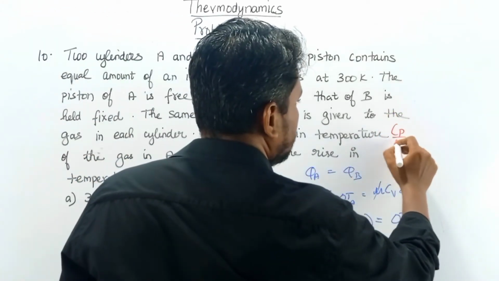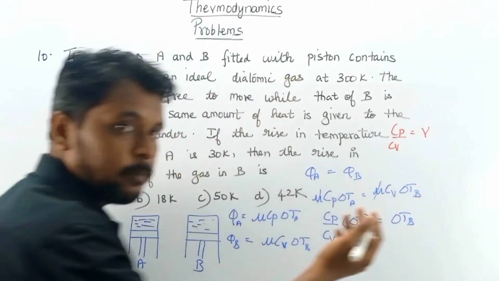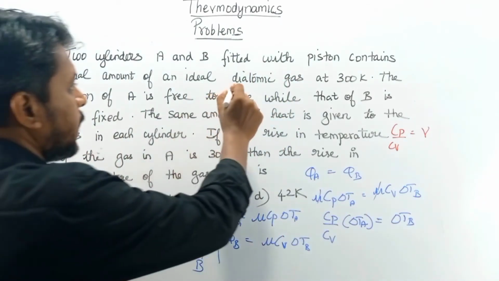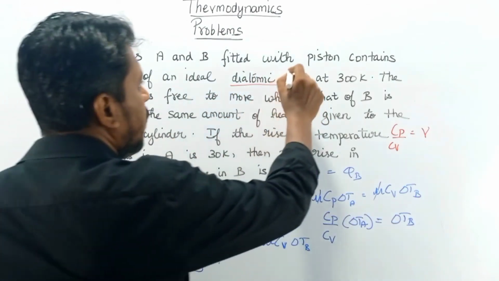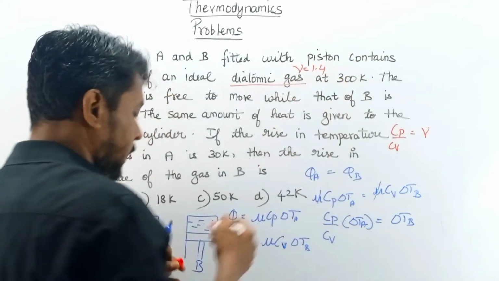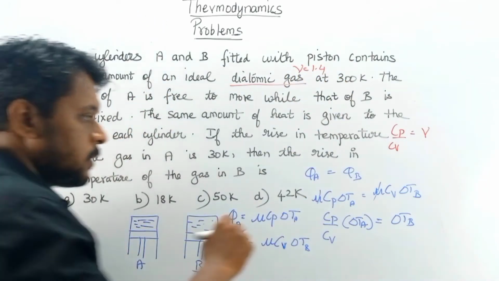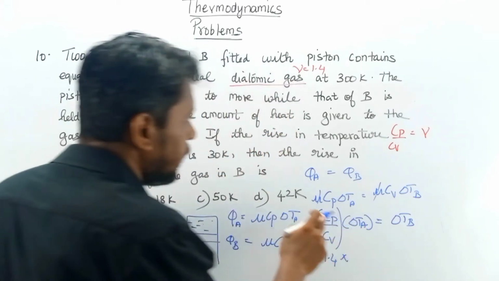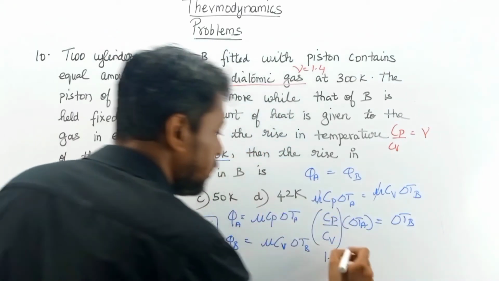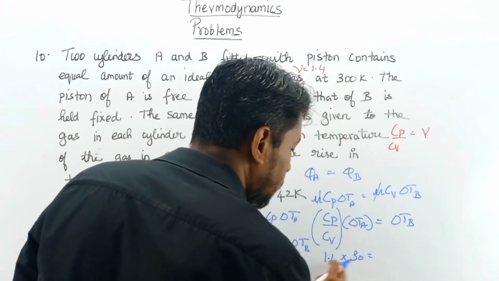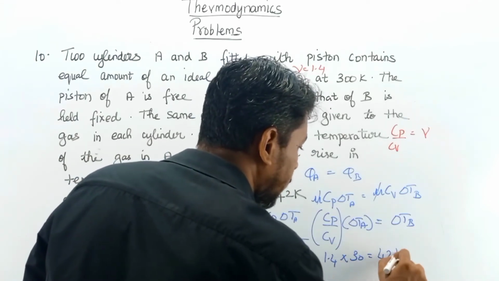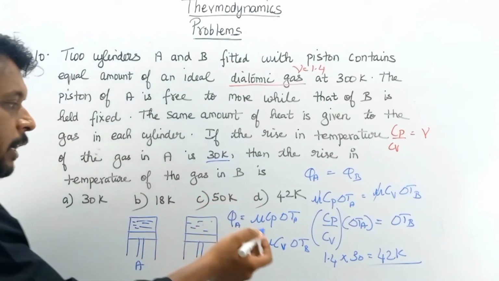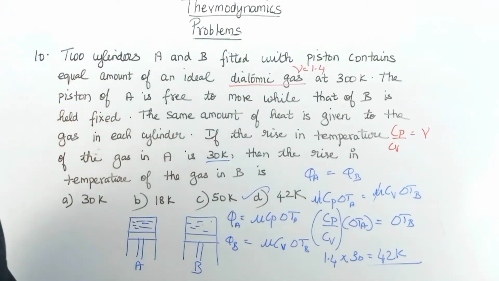Cp by Cv is nothing but gamma, and for a diatomic gas the value of gamma is 1.4. Replacing Cp by Cv with 1.4 and multiplying by 30 Kelvin, we get 42 Kelvin. So delta T is 42 Kelvin.